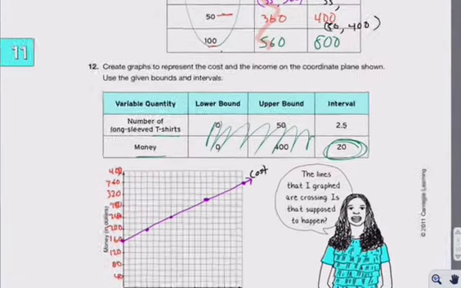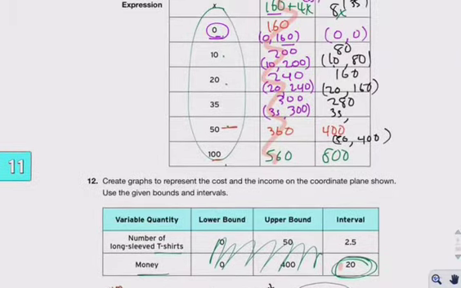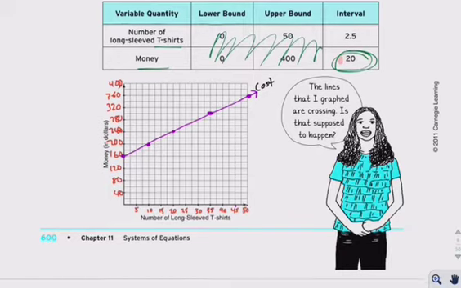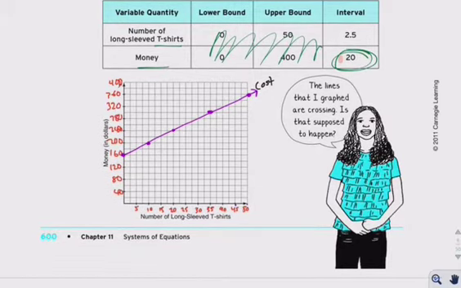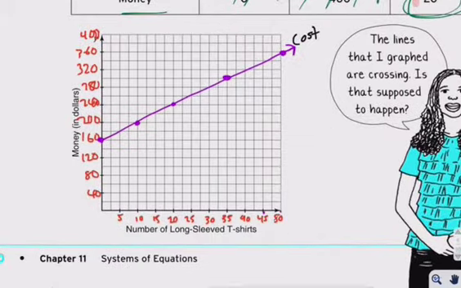Okay, so let's put these points on the graph. Okay, 10 shirts for 80, 20, and then 35 for 280, and then 50 for 400. We'll just ignore 100. Okay, so 0, 0.